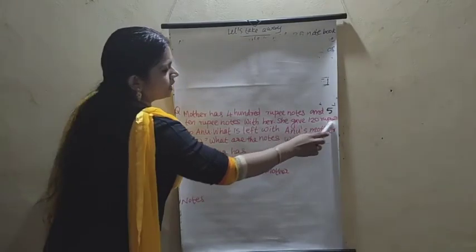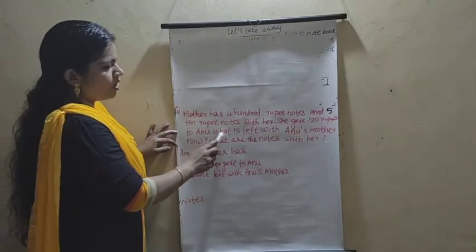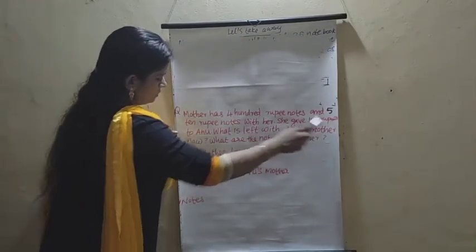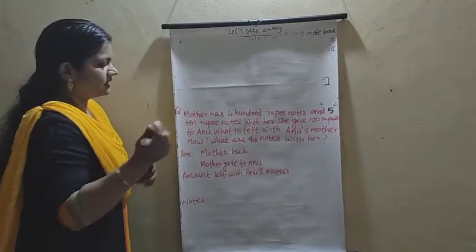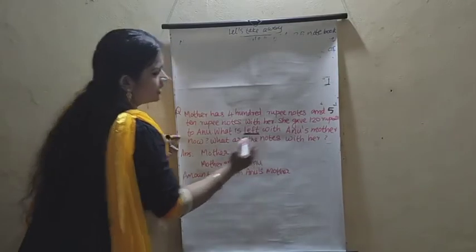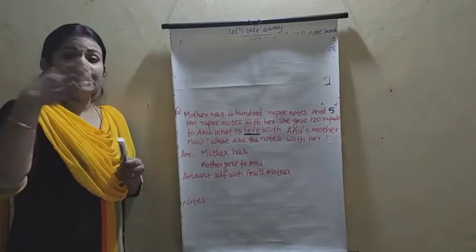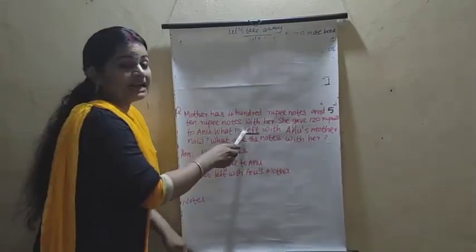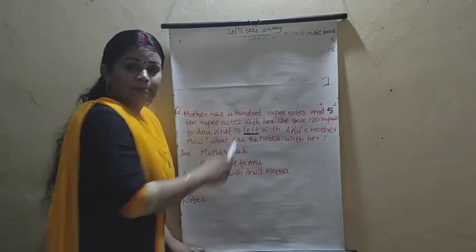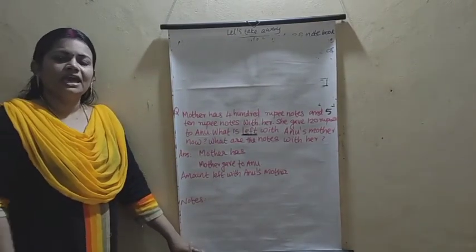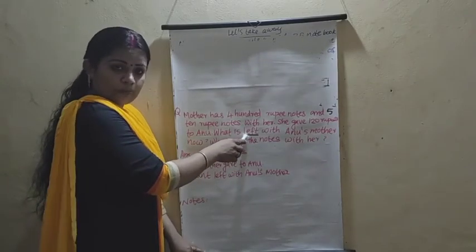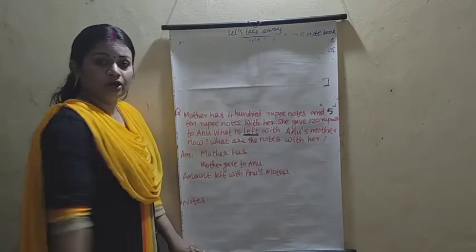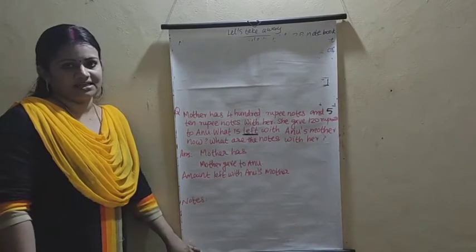She gave 120 rupees to Anu. What is left with Anu's mother now? What are the notes with her? Look at this word, left. In any problem where the word left is given, you do the subtraction.